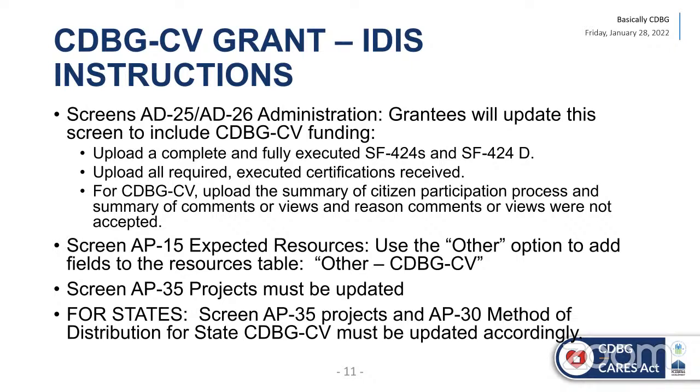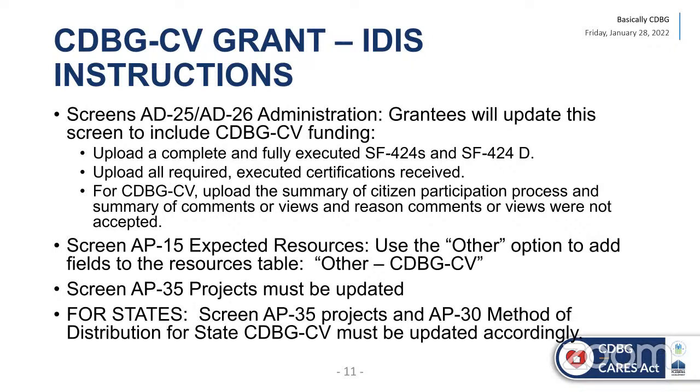Since this is for the CDBG-CV grants, how are you going to apply for CDBG-CV grants? By this point, all the grantees should have submitted an action plan for the CDBG-CV funds. So I would just like to quickly go through that. To expedite the process, back in 2019, HUD allowed grantees to amend the 2019 or 2020 action plan.